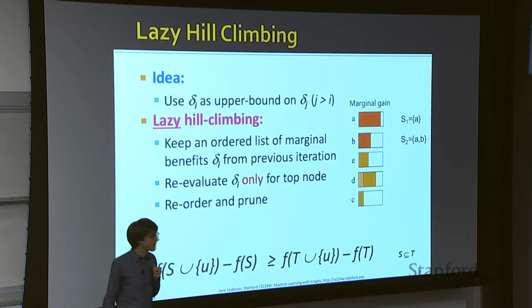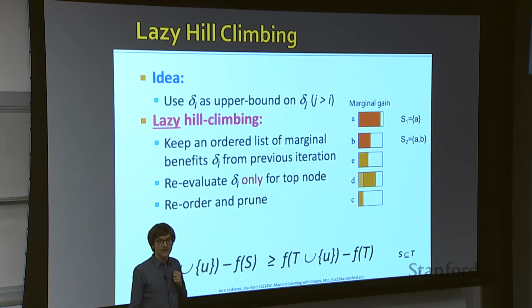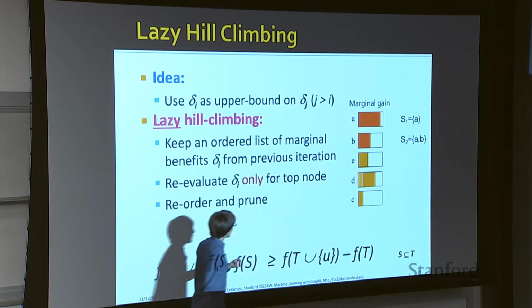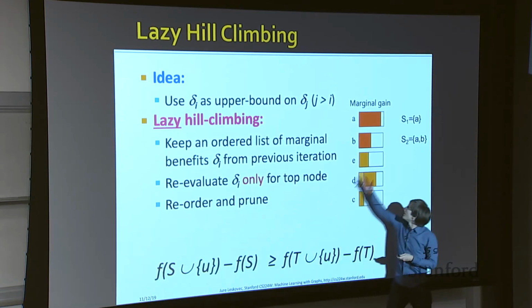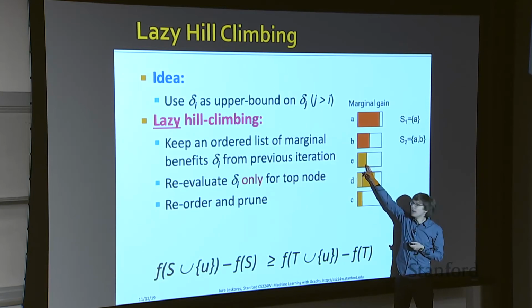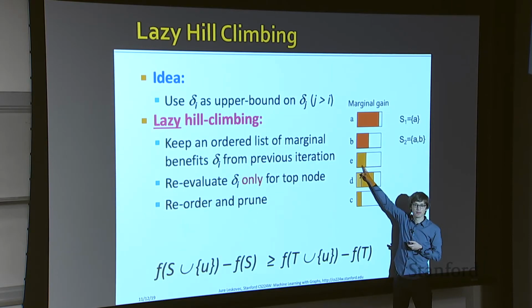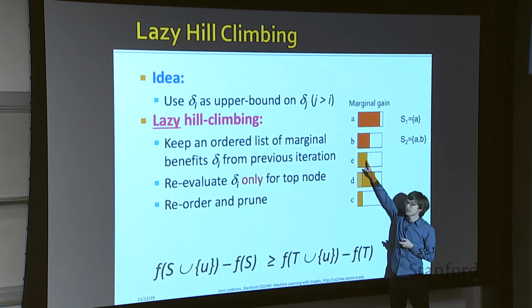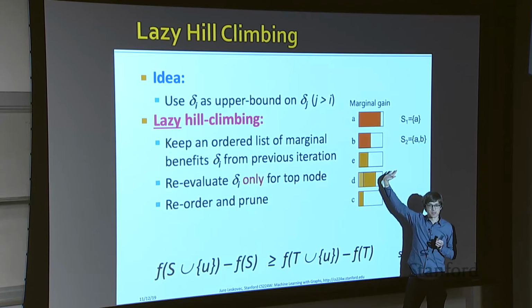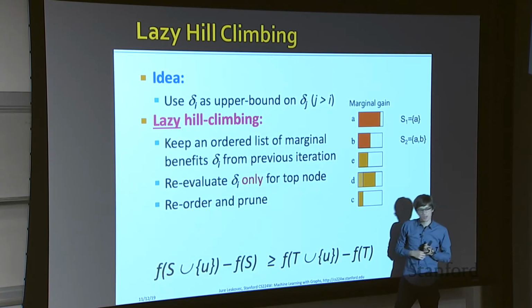Yes? Every time we evaluate it, we only compare it to the node right below it. Exactly. Whenever we know that one is up to date, I need to compare it to the next guy. And because I know that this next guy will only shrink, if I'm already bigger than the next guy, I know I'm the biggest. And that's the core of the idea, right?